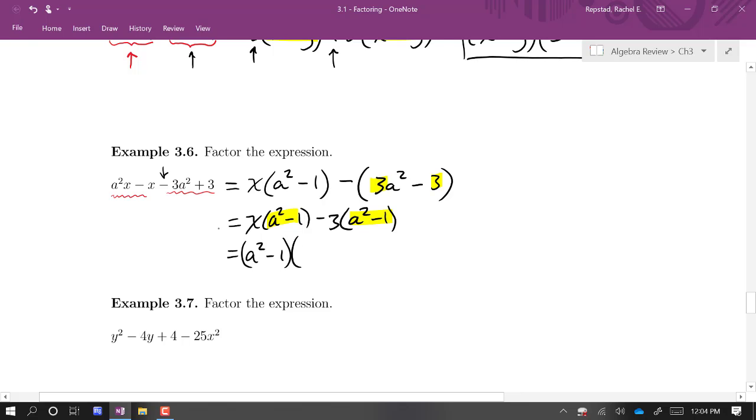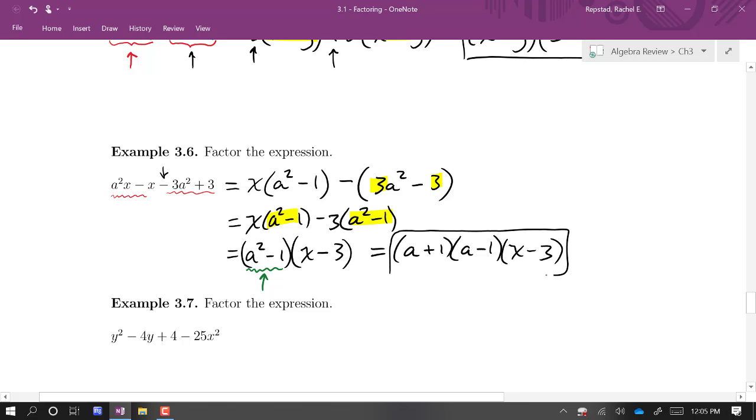And then in the parentheses, we need an x, bring down the minus, and we need a factor of 3. Now we are almost done. I have written it as a product of 2 things, but we always want to factor all the way. So this a squared minus 1 can be factored further. That's a difference of squares. So that'll factor as a plus 1, a minus 1, and then we have this factor of x minus 3. And that is as far as this will go.